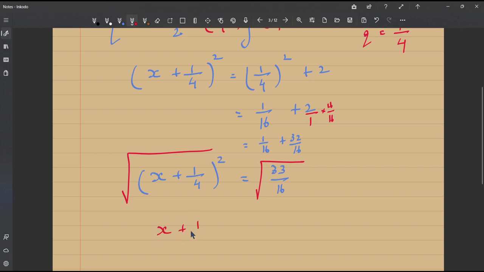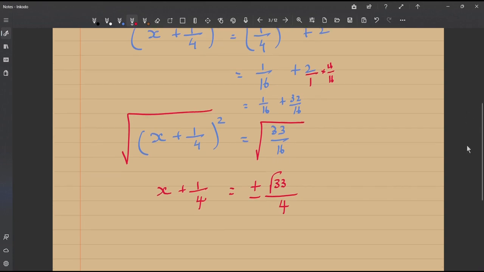It is just x plus 1 by 4. And what is the square root of this side? It can either be positive or negative. Root 33 by root 16 is 4, isn't it? It's plus or minus root 33 by 4.